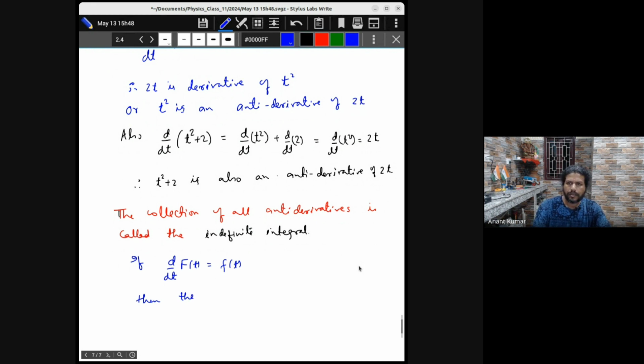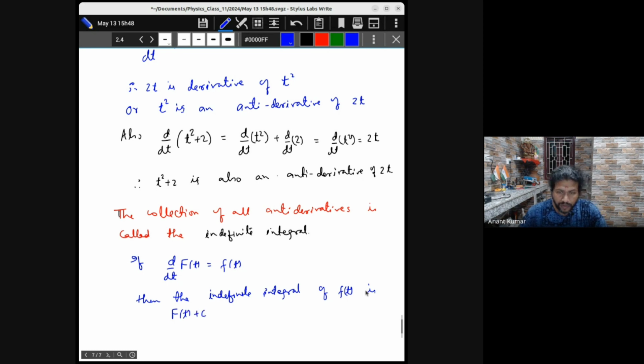Therefore, the indefinite integral of ft is going to be capital Ft plus a constant.